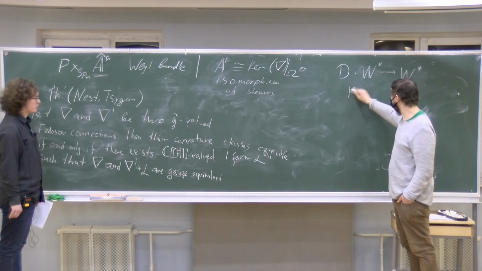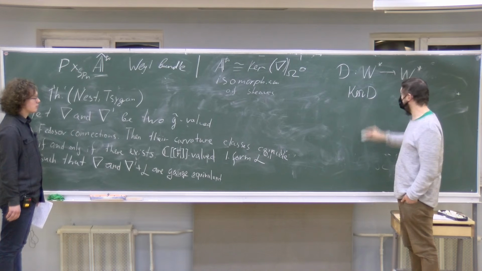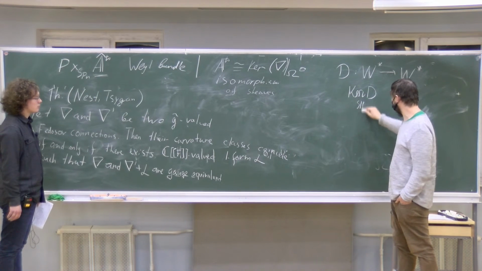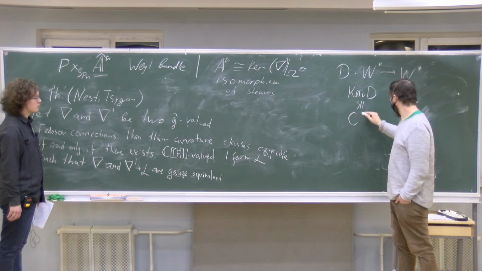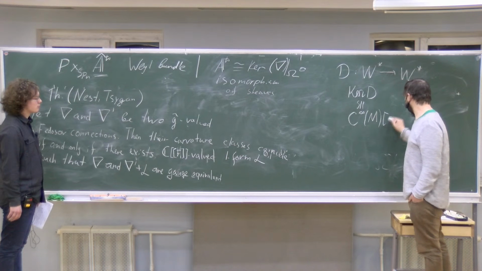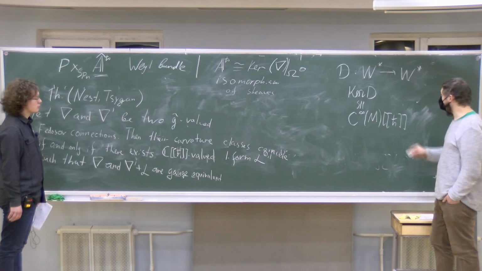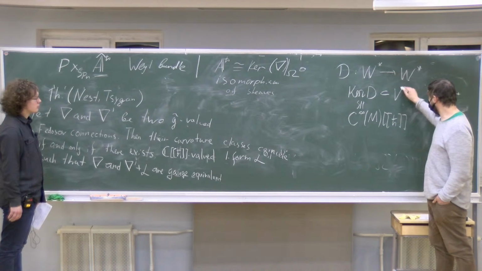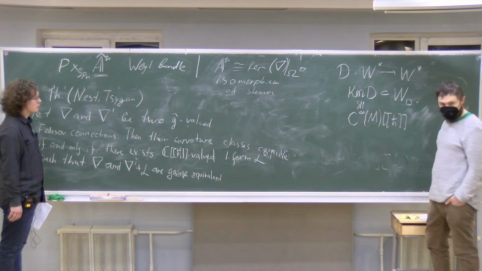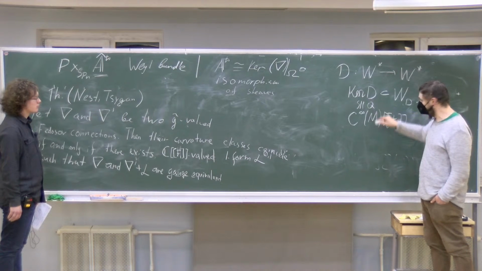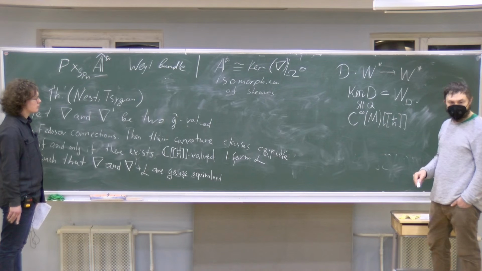Then the kernel of this Fedosov connection D would be, on one hand, isomorphic to the algebra of functions on the manifold with these coefficients. On the other hand, it will be a subalgebra inside W_D. So this isomorphism Q induces the star product here, right?